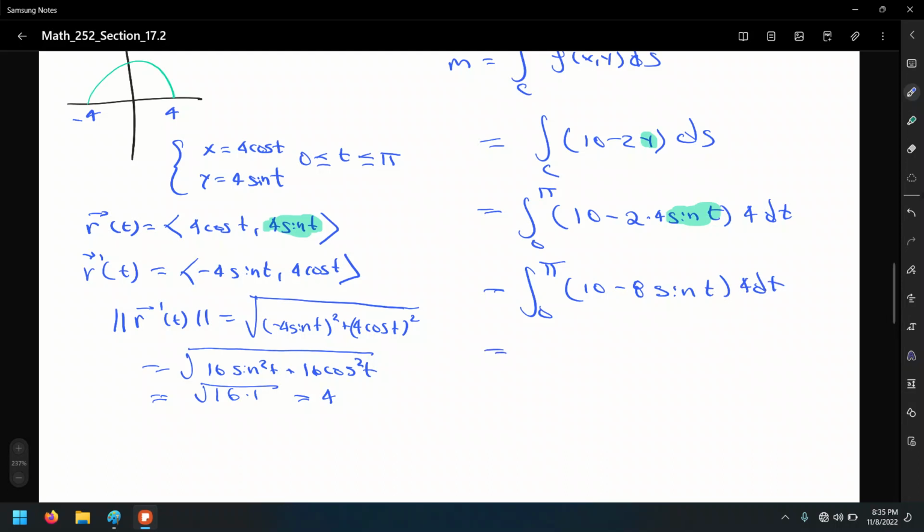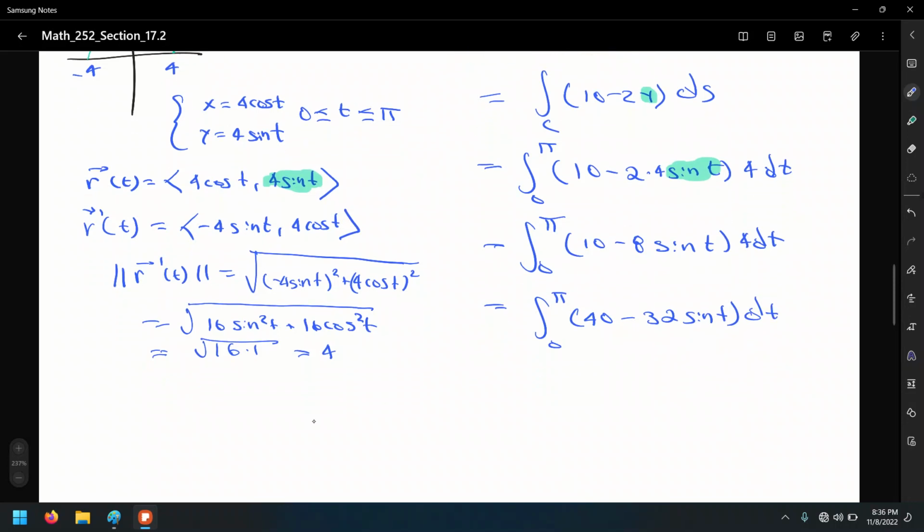Let's keep distributing the 4 to get a cleaner integral from 0 to pi: 40 minus 32 sine t dt, which integrates to 40t plus 32 cosine t, evaluated from 0 to pi.